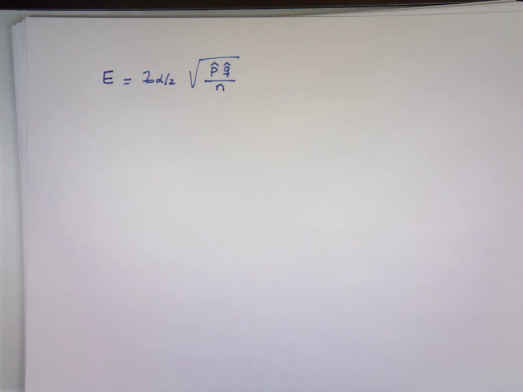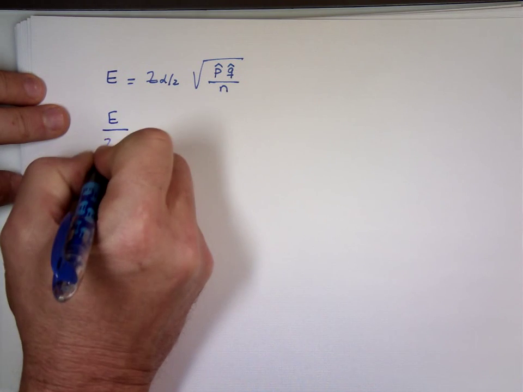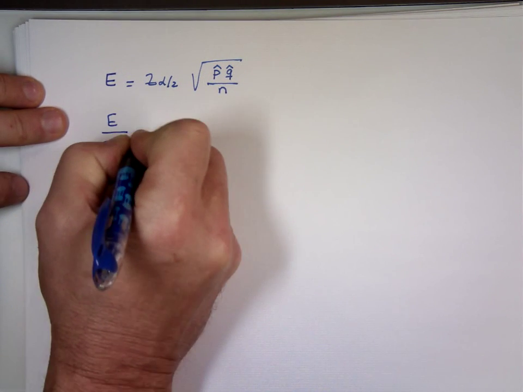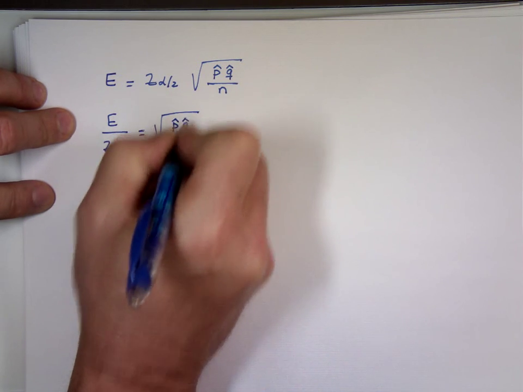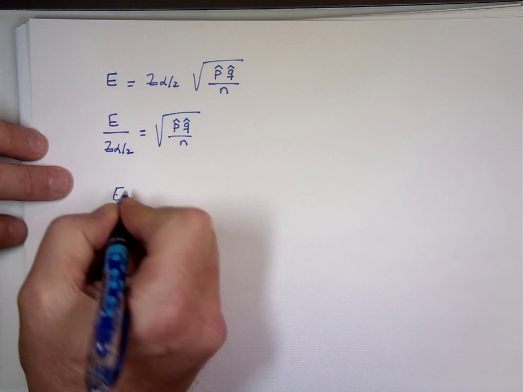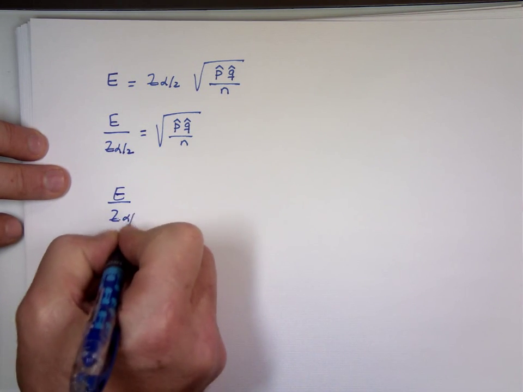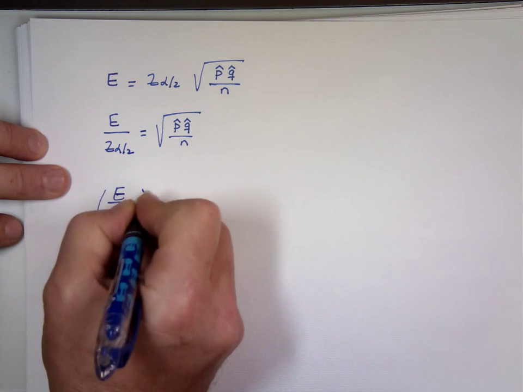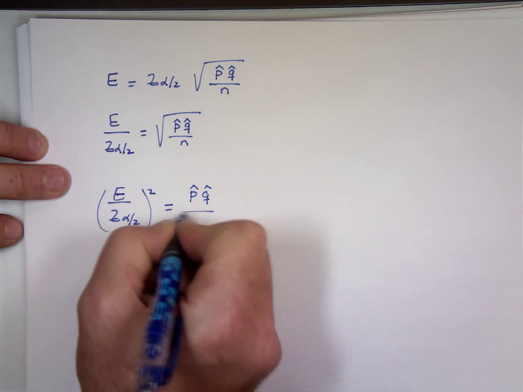If you play with the math, we'll derive this again. Square both sides first to get rid of the square root. Now flip them.